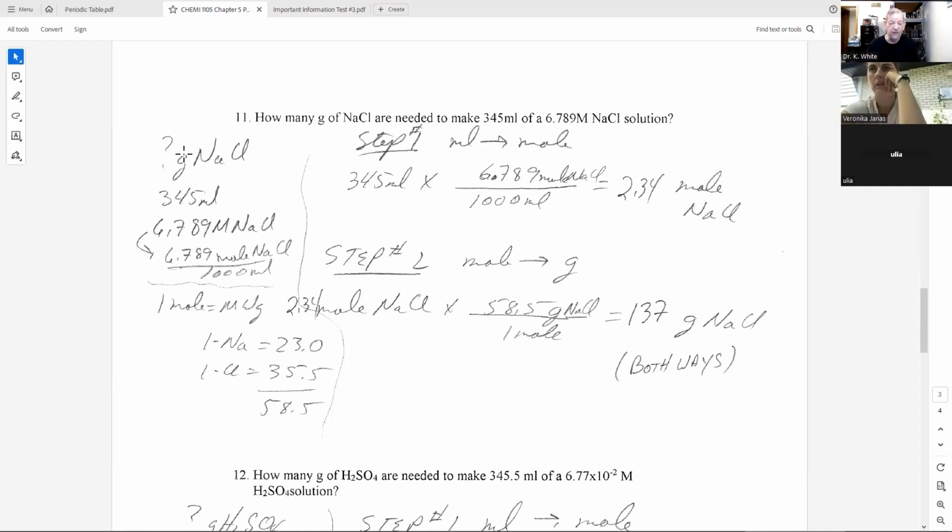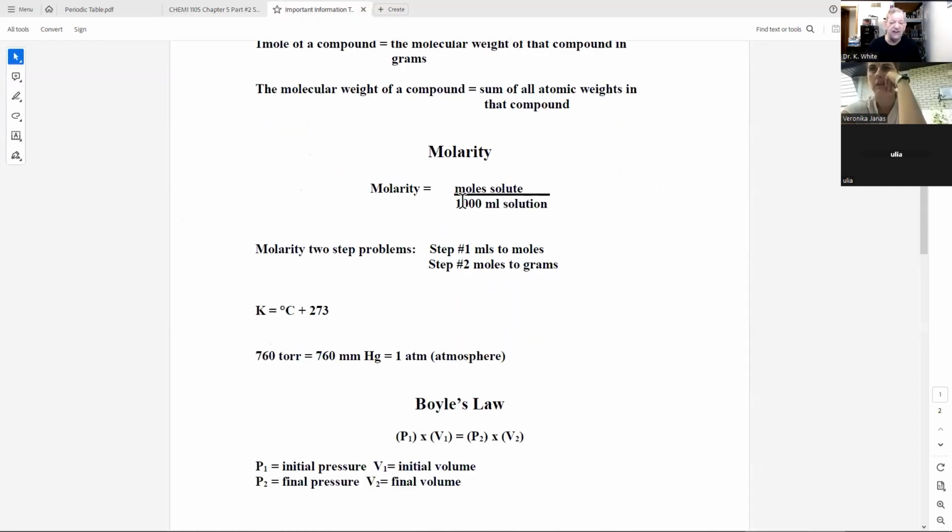So what do you do? Well, in case you forgot, you look at important information and say, I need to use the molarity two-step problem. Step one, we go from milliliters to moles. Step two, we go from moles to grams.